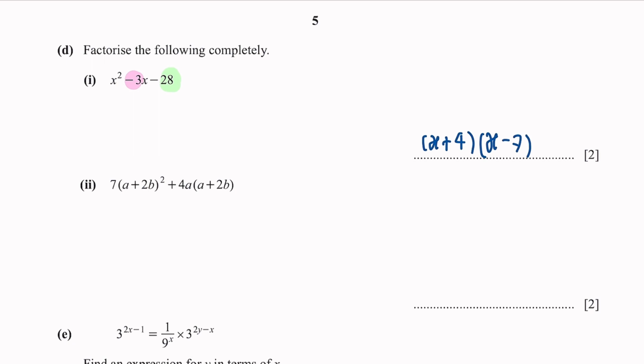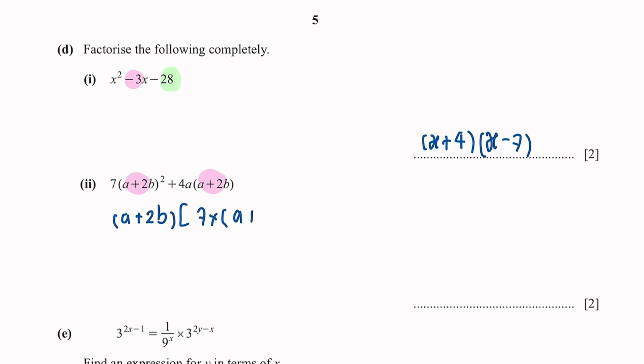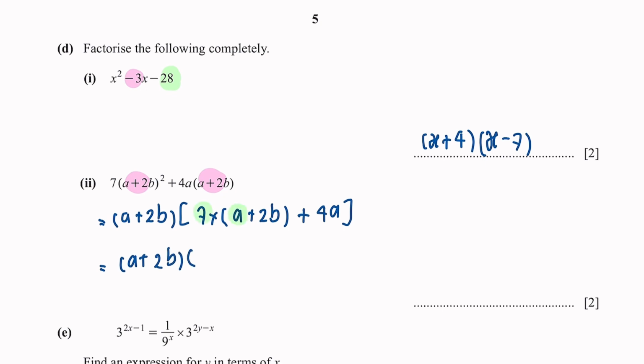And then for this equation, I want to put this value in front of the bracket. And then multiply 7 in this bracket.